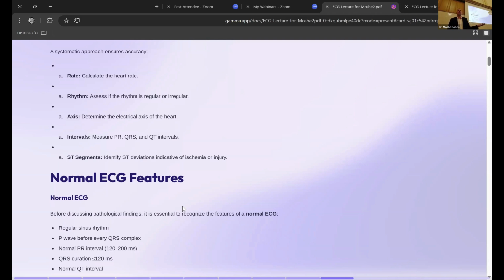Otherwise, he will die. I had a patient, 40-something, very young, walking into the emergency room with his family, laughing with the family, doesn't feel so well. We did an ECG. We found third degree AV block, which was compensated by the ventricles.